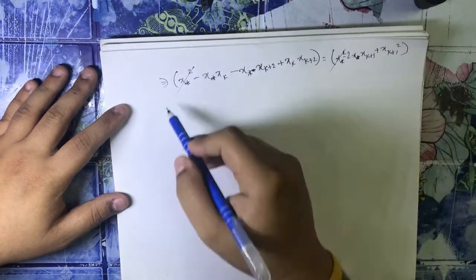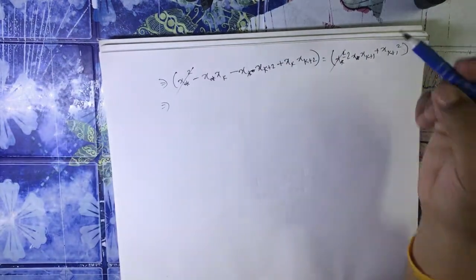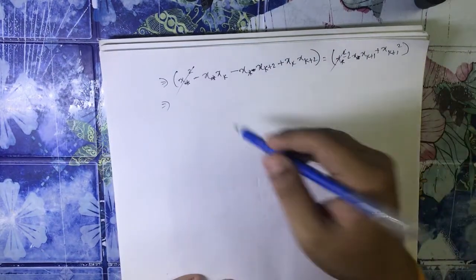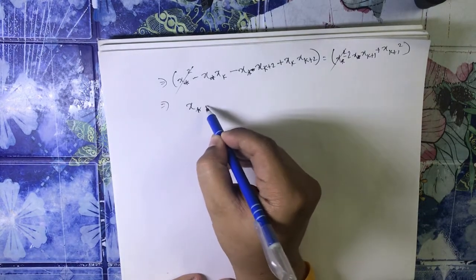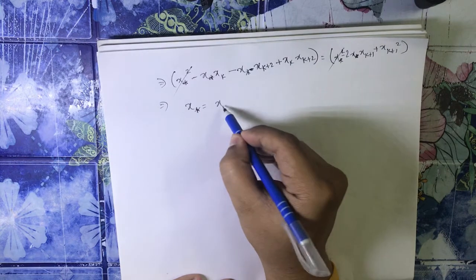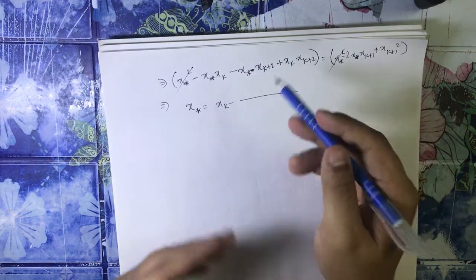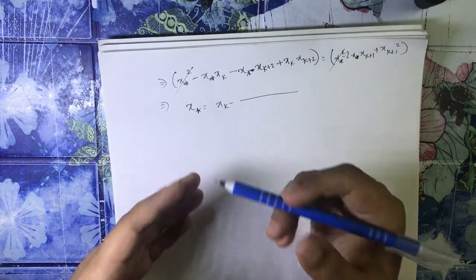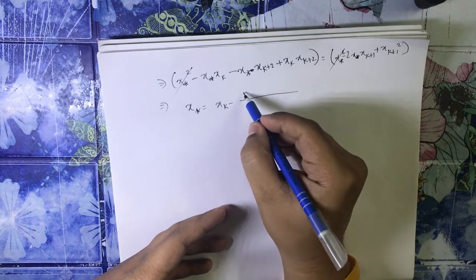You can cross out this x star because both are on either side of the equal sign. This is a simple algebraic manipulation. You can simplify it down to x star is equal to xk minus... I'm not going in depth with the algebraic simplification because you are very much capable of doing that yourself.